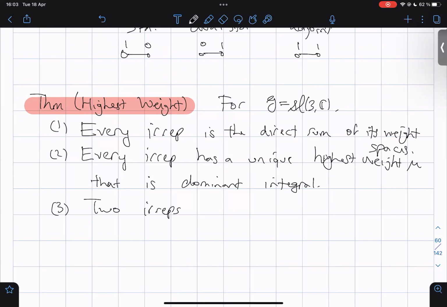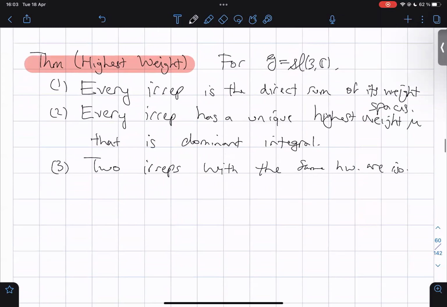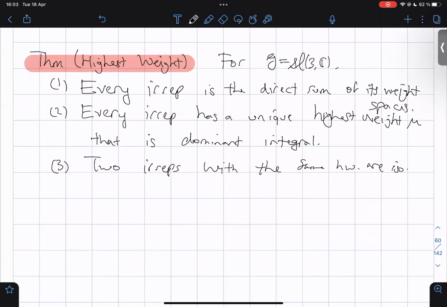Two irreps with the same highest weight are isomorphic. These irreps are completely classified by this data of the dominant integral weight.